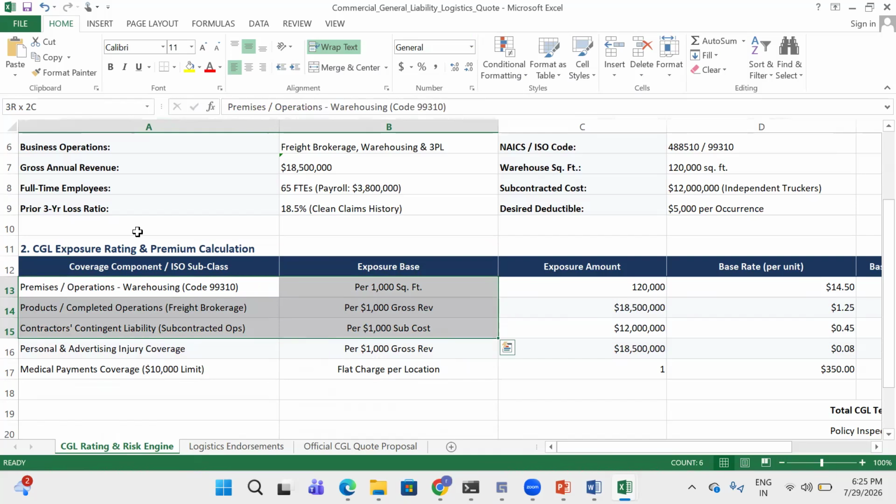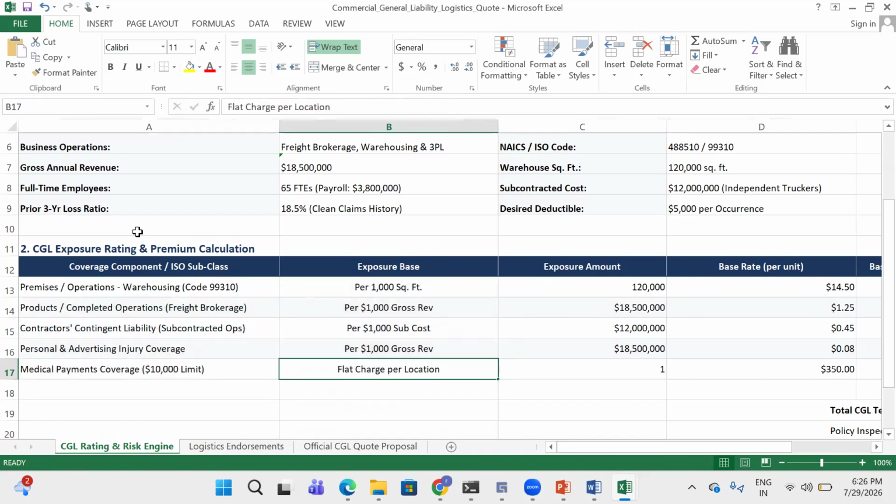For contractors contingent liability, 1000 per subcontract cost, because this is for the subcontracted operations, so we have taken an average of 1000 per sub cost. That is per unit I'm referring to. Next, for personal advertising injury coverage, we have taken 1000 as gross revenue, followed by medical payments, which is a flat charge per location, because this is a standard fixed charge. So this is the exposure.